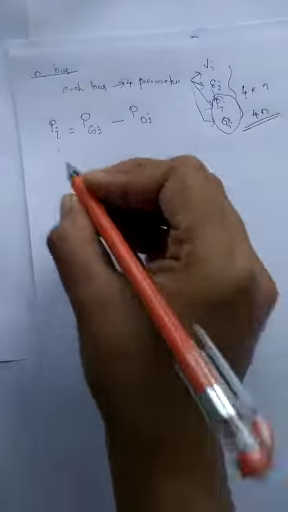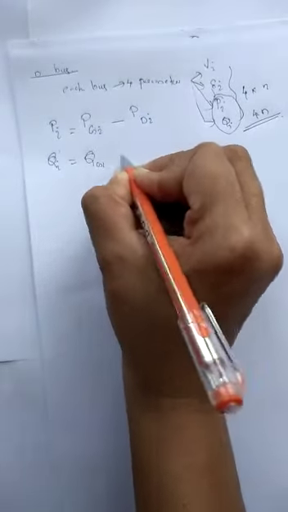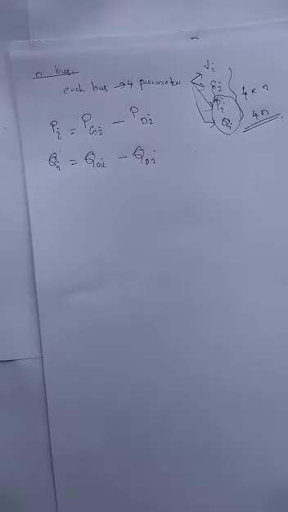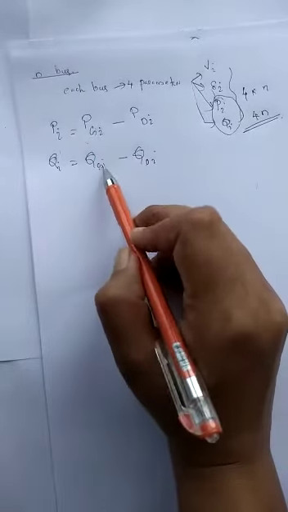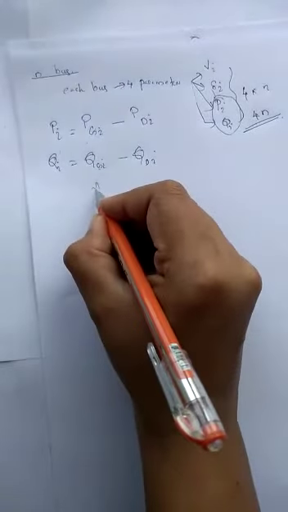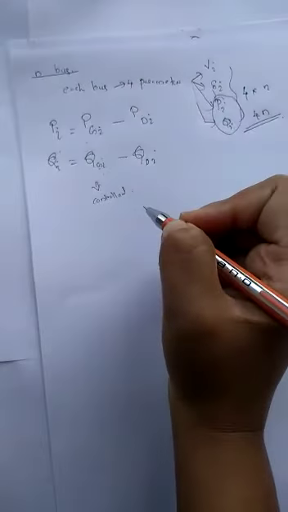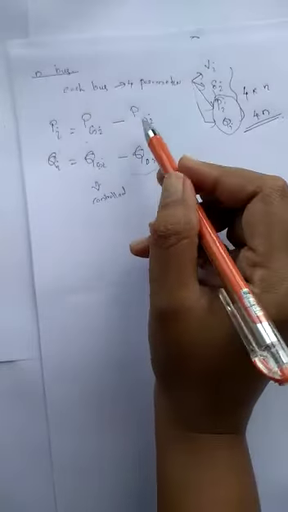Similarly Qi is the generated reactive power minus the demand. We can control the generation, so we call it a controlled variable. But the demand depends on the load side.